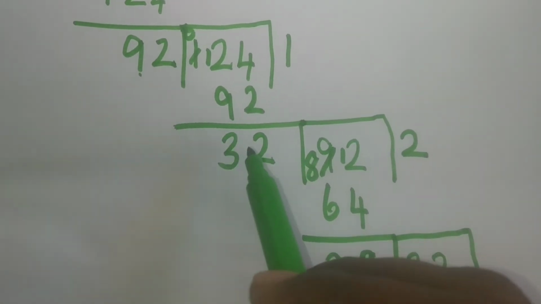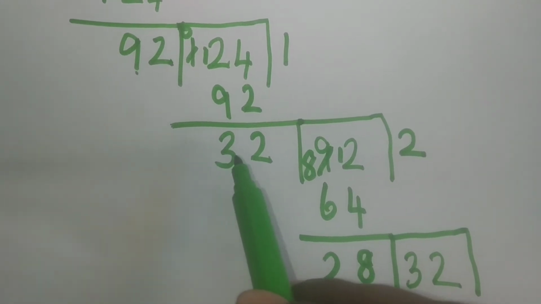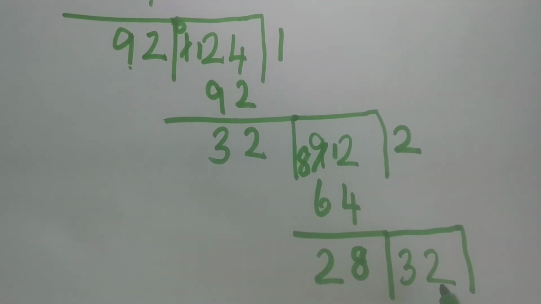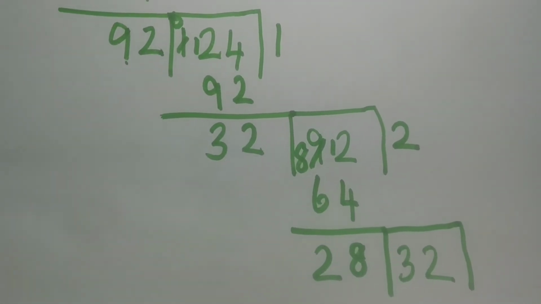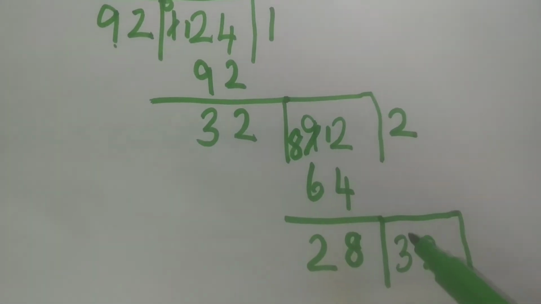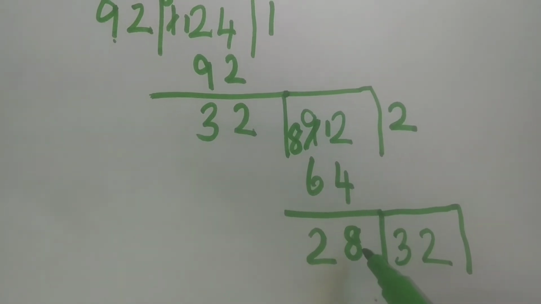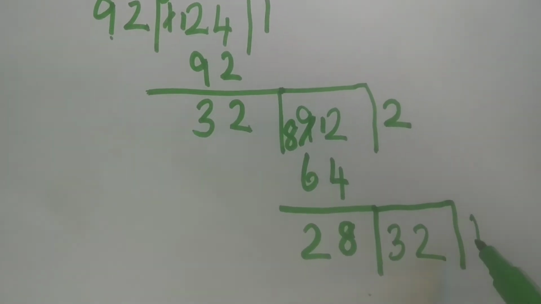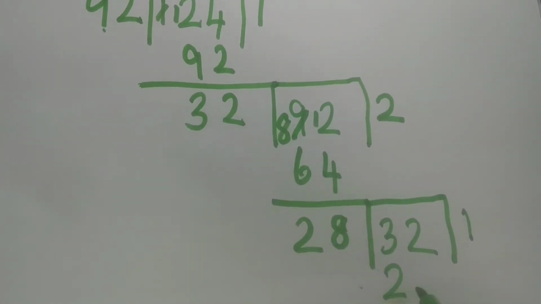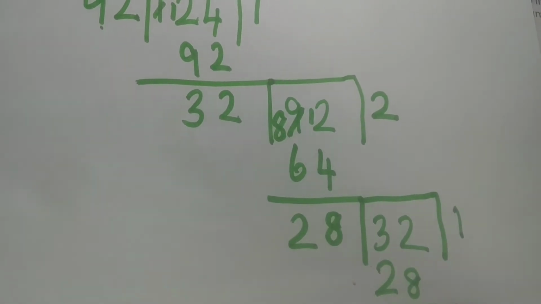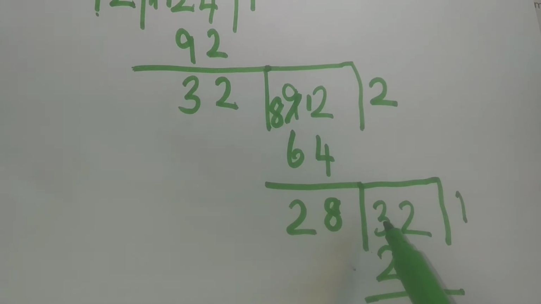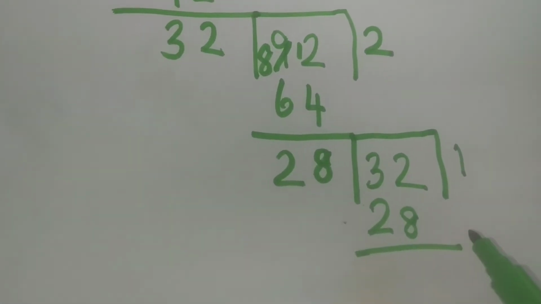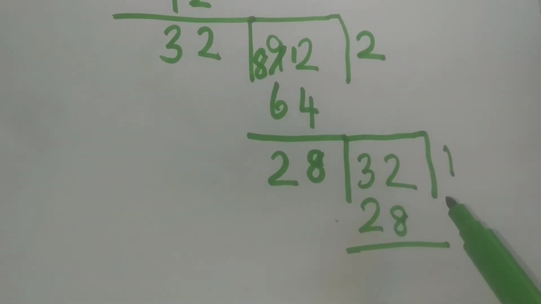See, remember children, we are keeping the divisor as the dividend. We are dividing the divisor to get the highest common factor. So 28 1 time, because 2 2s are 40, greater than 32, isn't it? So we have divided for one time.